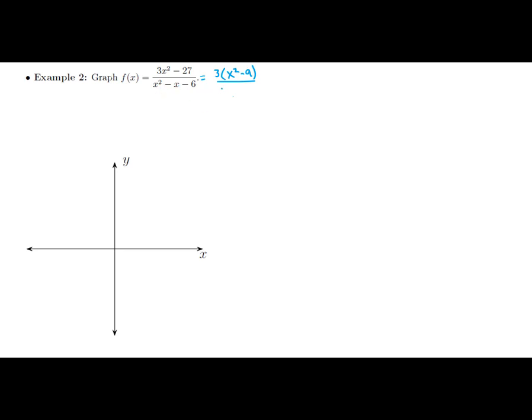In the denominator here, looks kind of promising as a potential situation where we can reverse FOIL. I'm thinking -3 plus 2. I think that'll do the trick. And then up top here, this is a difference of squares, so that can definitely factor as well. So this will be x minus 3 times x plus 3.